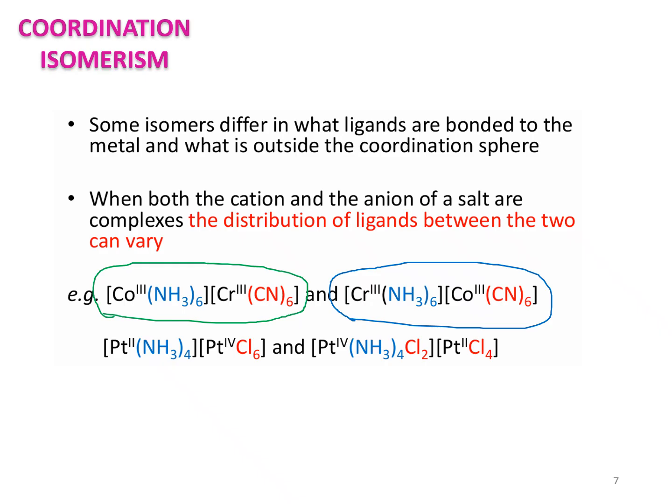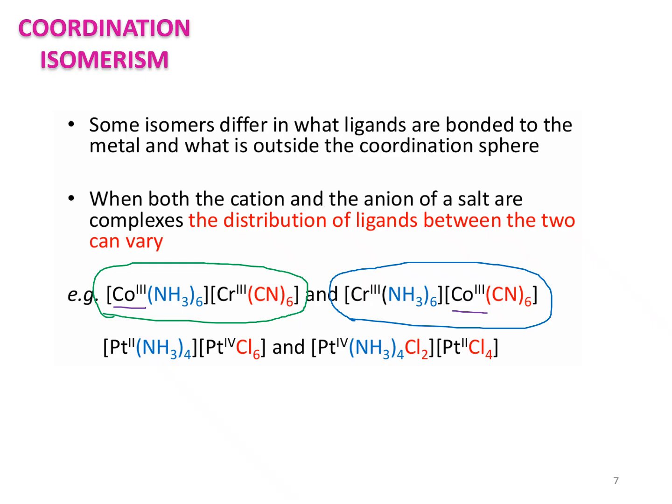Both compounds consist of cobalt 3. The first compound, cobalt 3, belongs to the cation complex, while in compound 2, cobalt 3 is anionic. It belongs to the anionic complex.